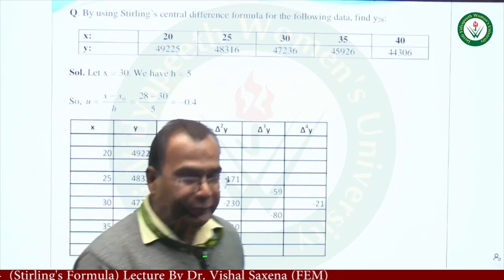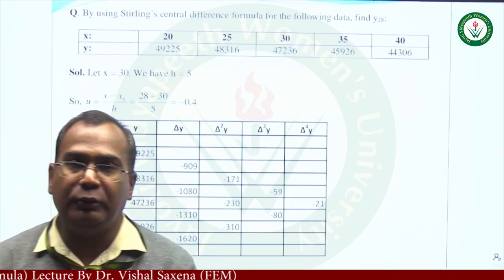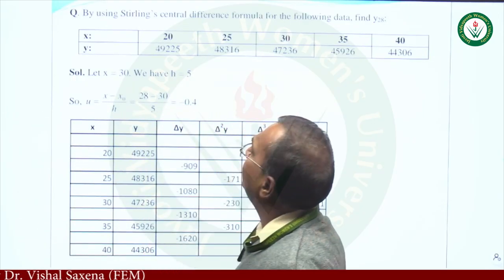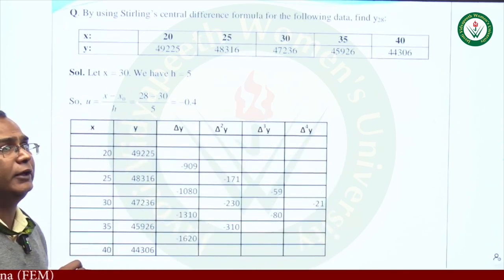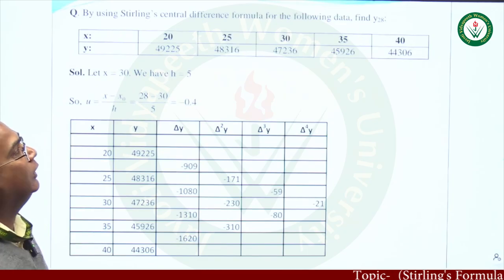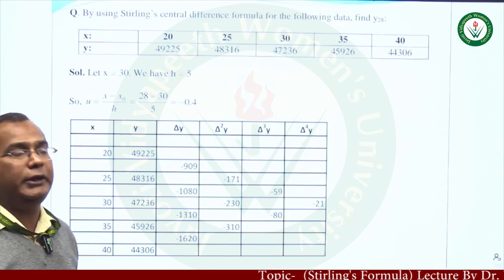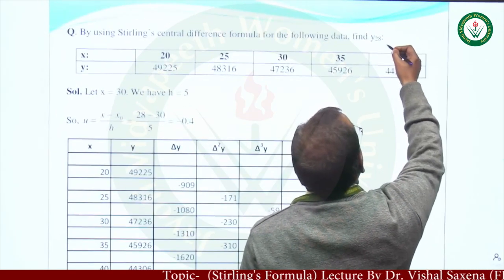See this question. In this question we are given some data and we have to interpolate y. So what is the question here? By using Stirling's central difference formula, or the Stirling's interpolation formula, for the following data, we have to find Y28. We have to find the Y28 value here.